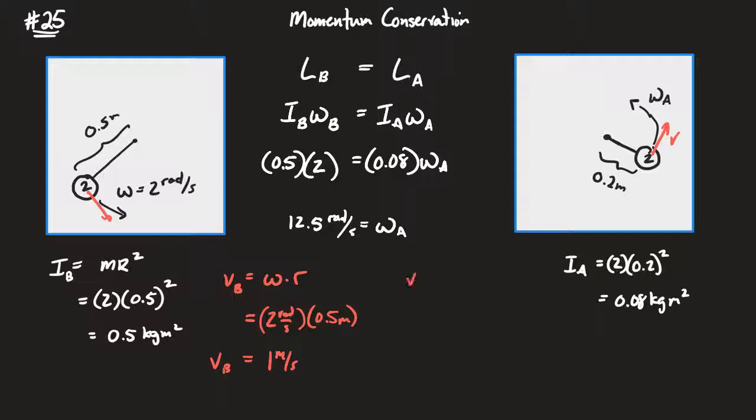Our linear speed after is going to be the angular speed after times the new radius. That's going to be 12.5 times 0.2, which is a linear speed of 2.5. So it's a pretty substantial change.